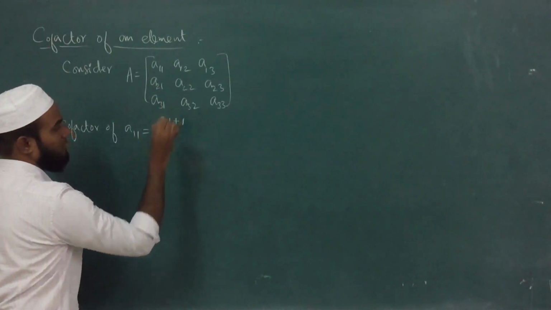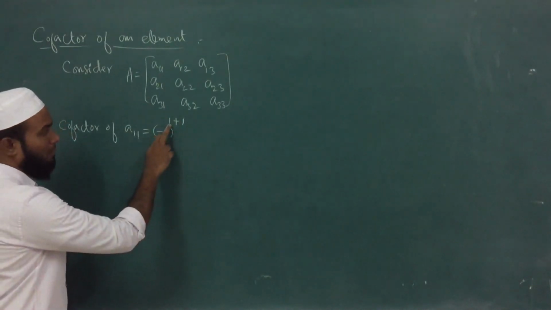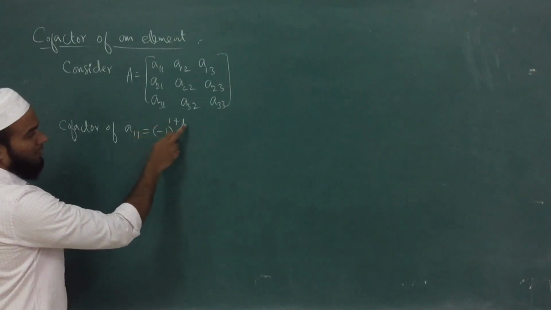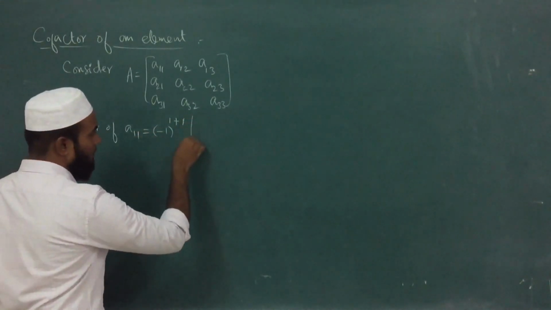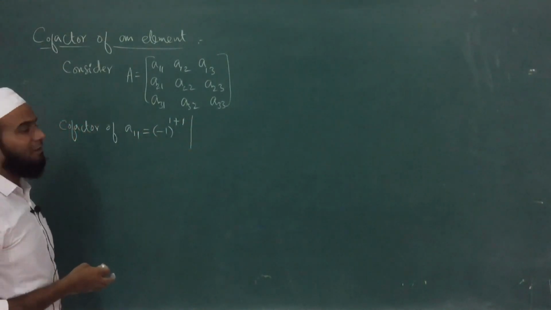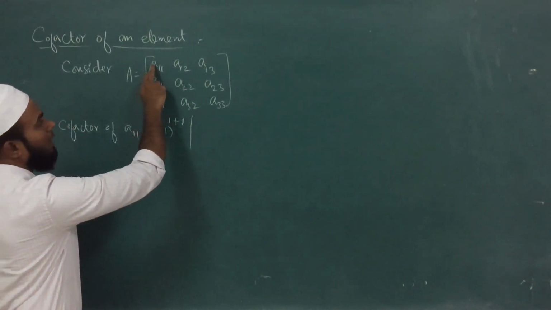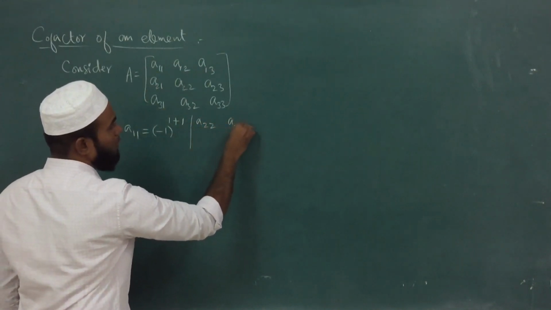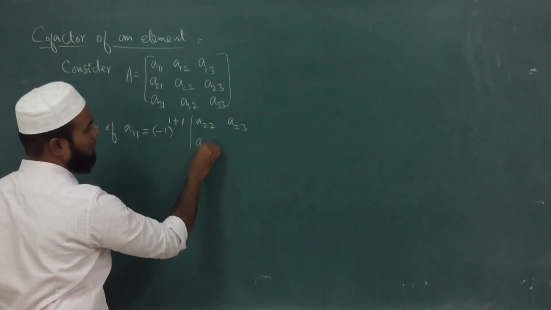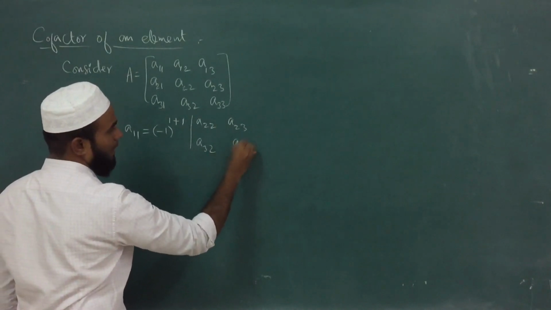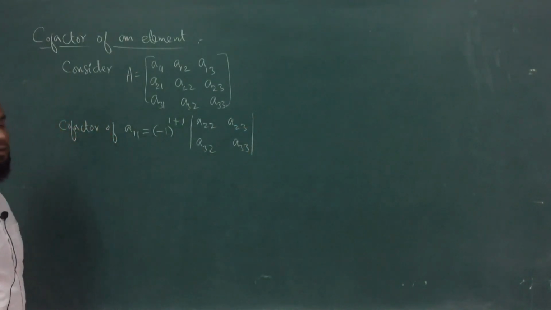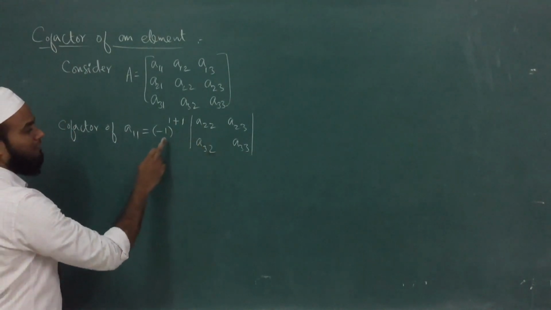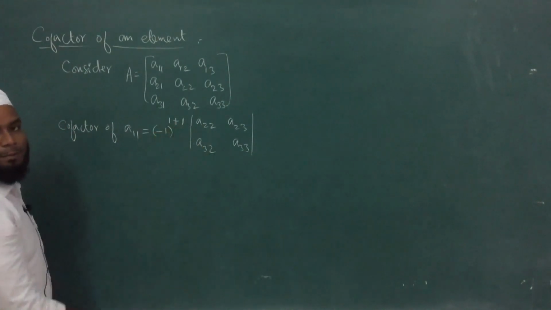So minus 1 power 1 plus 1, multiplied with the minor itself. What is the minor for A11? Remove this row and this column, then we get A22, A23, A32, A33. This is how we find the cofactor of A11: multiply the minor with minus 1 power row number plus column number.